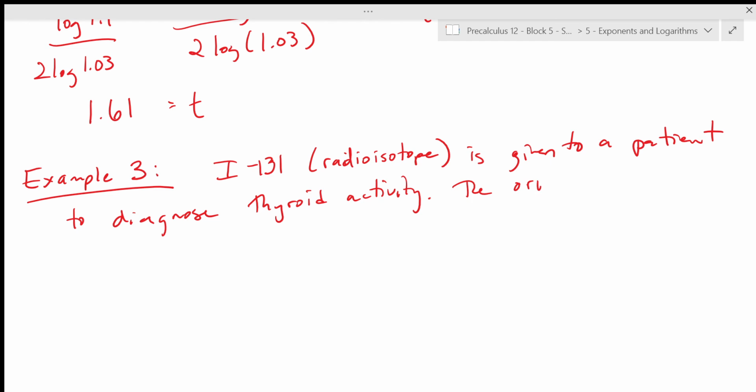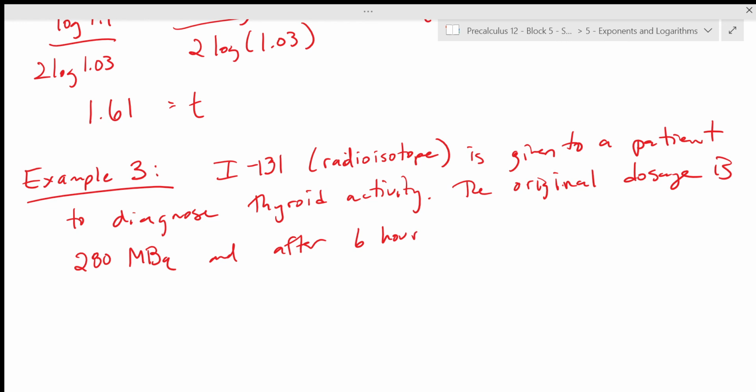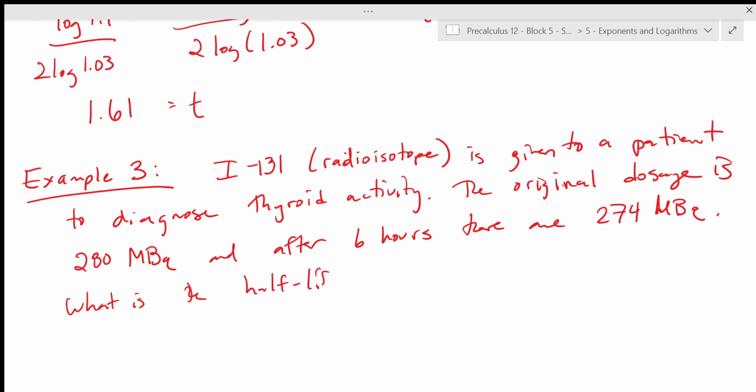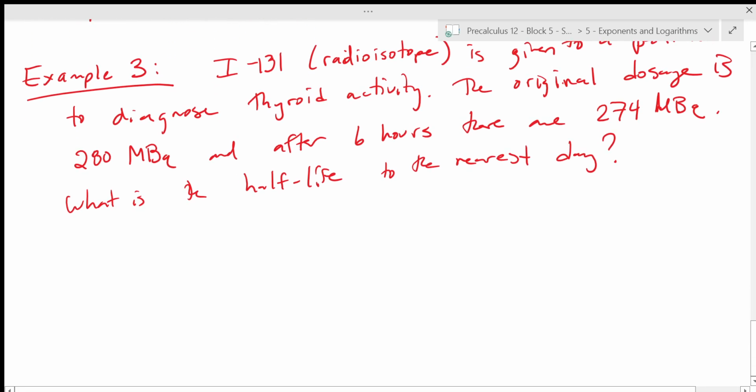The original dosage is 280 MBQ, and after 6 hours, there are 274 MBQ. What is the half-life to the nearest day?